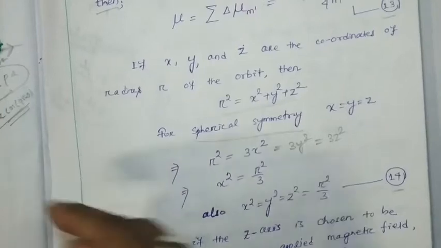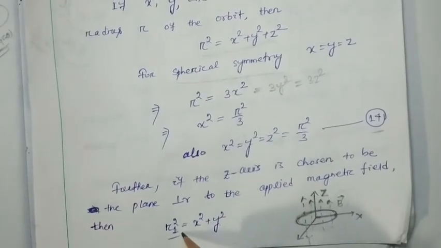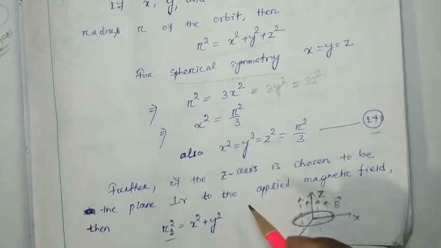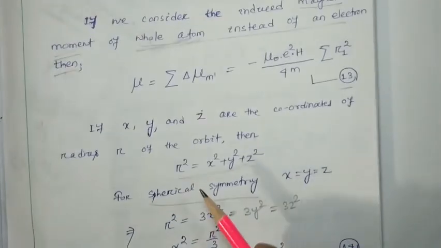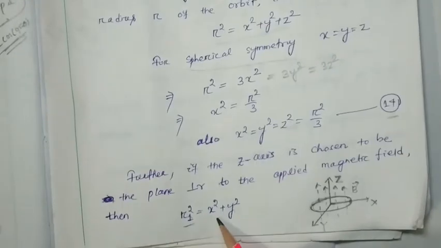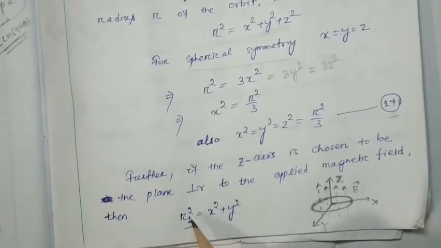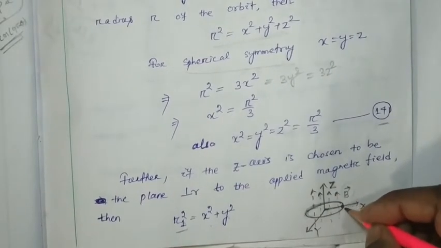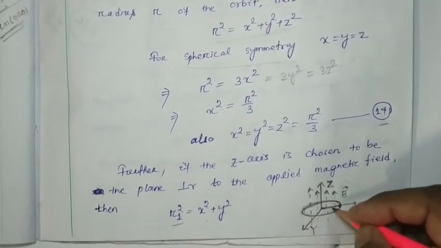So now, what will r1 square be? r1 square will be x square plus y square, because the so-called spherical picture is transformed to two dimensional, since the z axis has been constrained and the electron is moving only in the x and y plane.